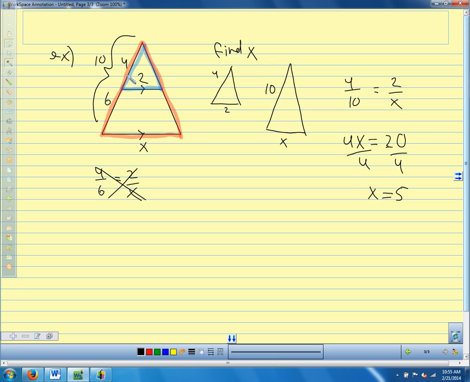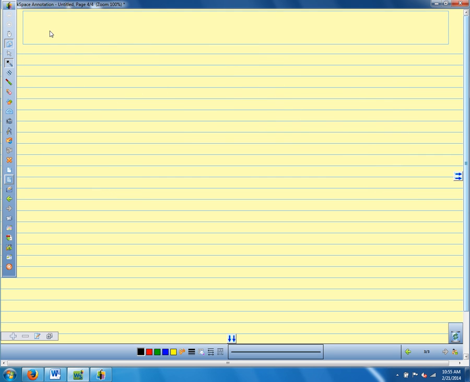All right, now we want to add a little bit to the side splitter theorem. We're going to add what we call a corollary. We've talked about corollaries before. A corollary is something that we can figure out easily from another theorem.